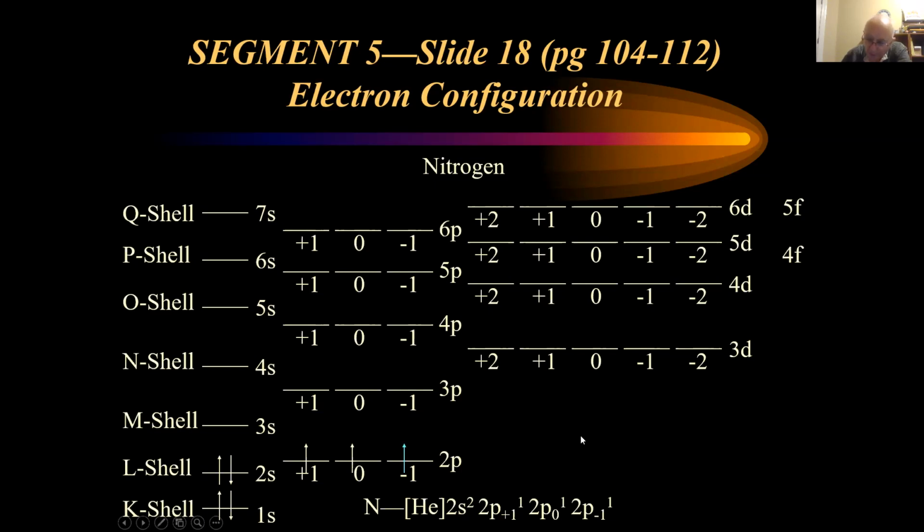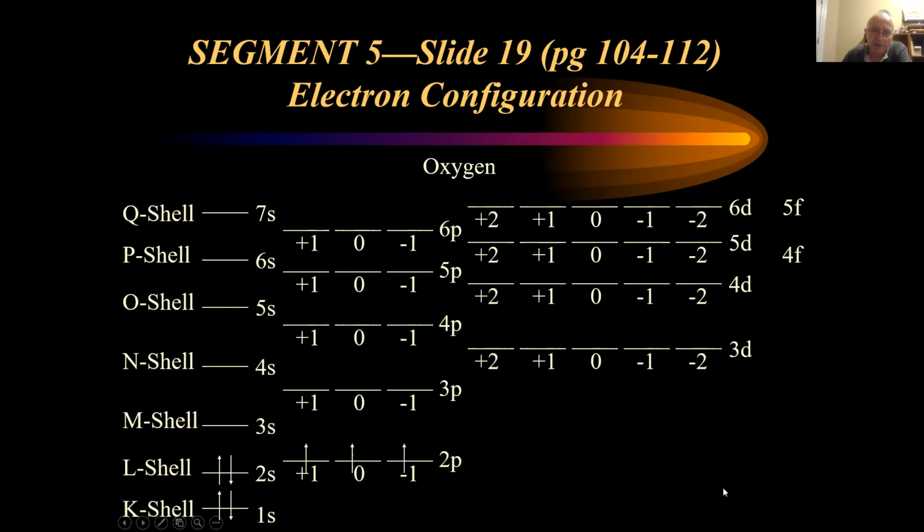Do not write 2p3. If you Google it, that's what they'll tell you. That'll be wrong, but that will be one of the answers on the test. Okay. All right, now, the last electron again, 2, 1, plus 1, plus 1/2.